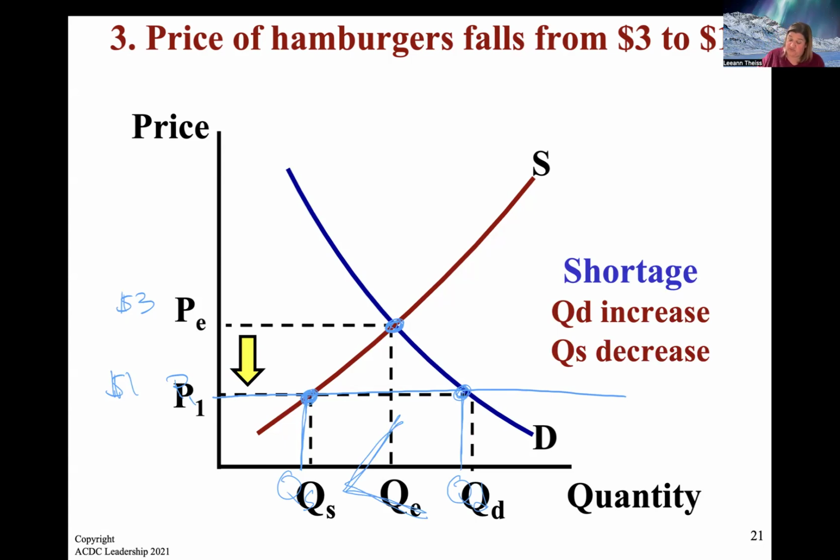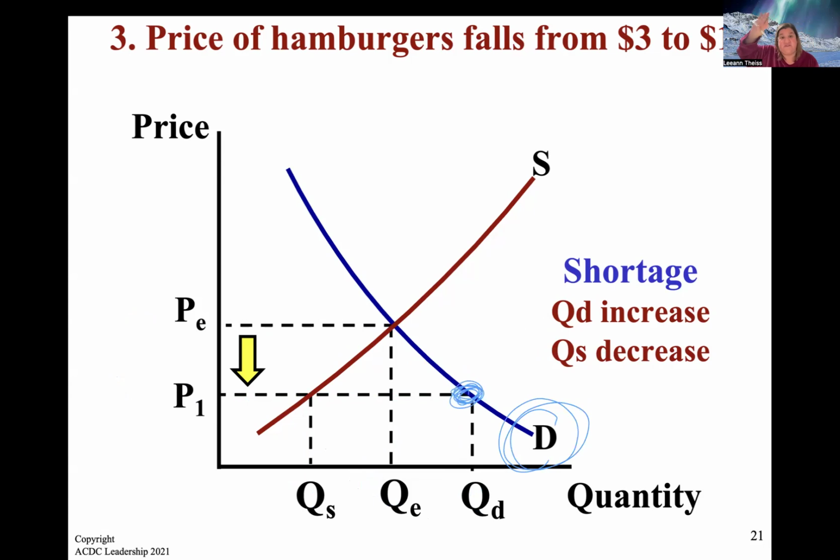How do I know it's a shortage? Anytime the price drops below equilibrium, notice that down here, the demand is ahead. If the demand is out in front, that means we've created a shortage because there's more demand than there is supply.